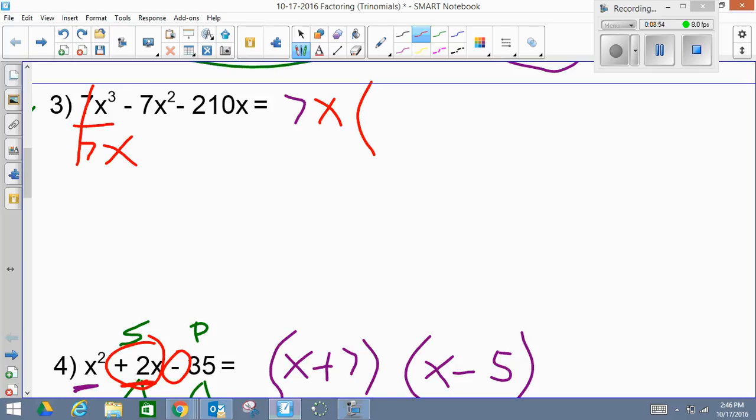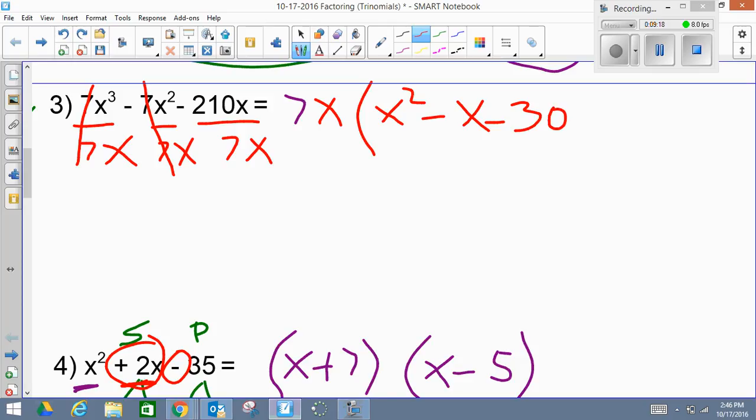X cubed divided by x squared. Next, minus 7x squared divided by 7x. 7's cancel. X squared divided by x. Minus 210x divided by 7x. 210 divided by 7, 30. X and x cancel out.